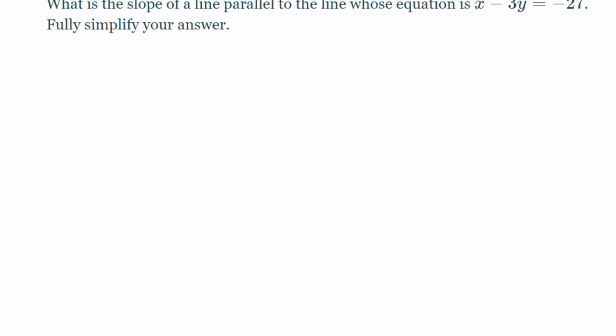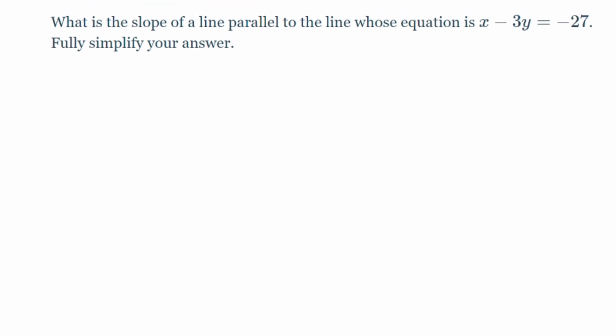All right, I got a couple more here. I'm going to try to pick up the pace just a little bit, make sure we get through everything. It says, what is the slope of a line parallel to this? Well, again, we need to know the slope of this one before we can find the slope of one parallel. So the first thing I'm going to do is subtract my x from both sides.